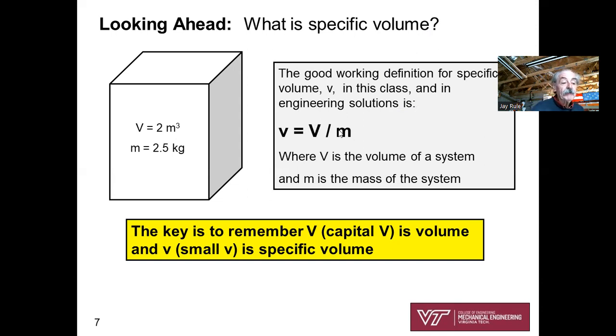So the volume divided by the mass is equal to the specific volume, little v. And this nomenclature is very important. Little v, specific volume. Big V, volume. And so I said that in my big yellow text box that you've already read, hopefully.